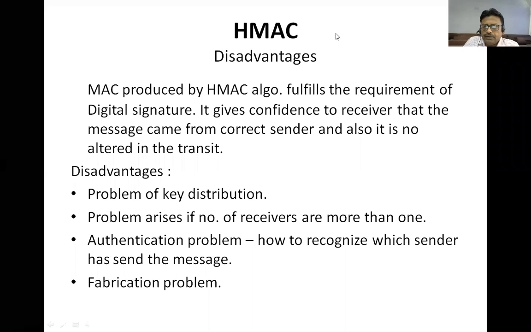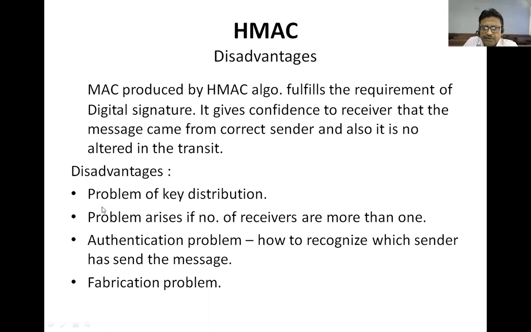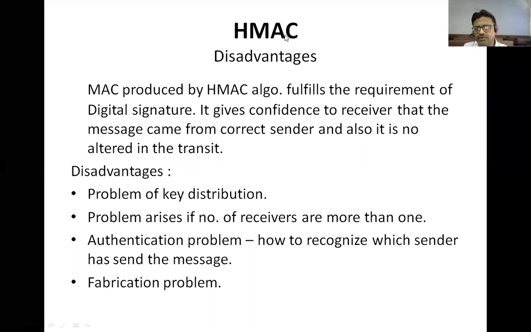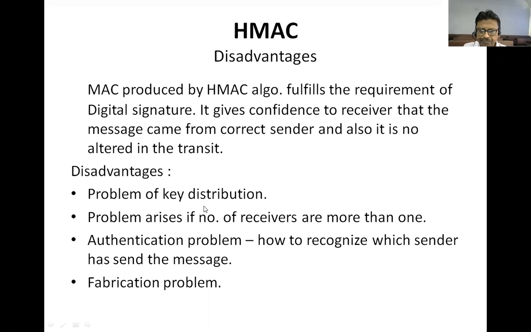As we know, the first and foremost problem of symmetric cryptography is the problem of key distribution. So if we are using symmetric cryptography for calculation of HMAC, the sender and the receiver must make an agreement so that they are able to share the same secret symmetric key. And since there is a problem with the sharing of the symmetric key, the problem of key distribution also exists in the case of HMAC.